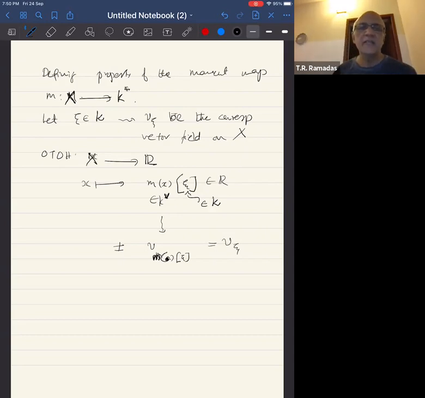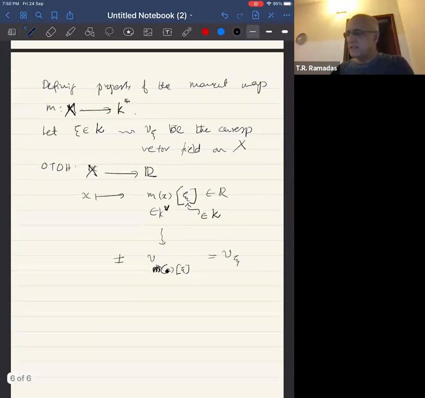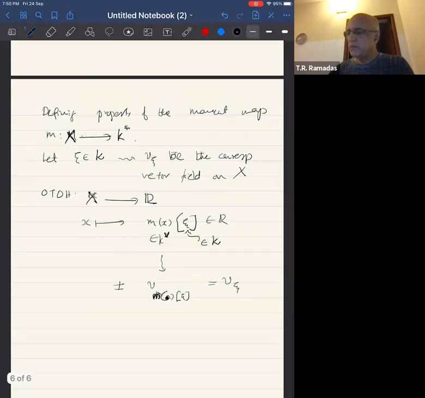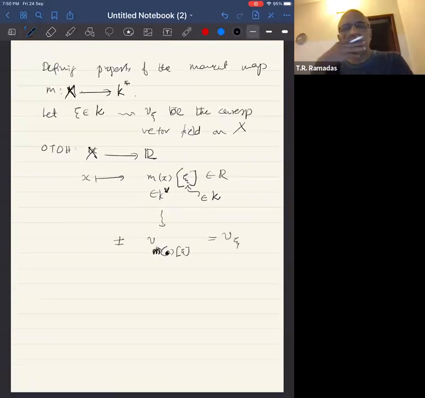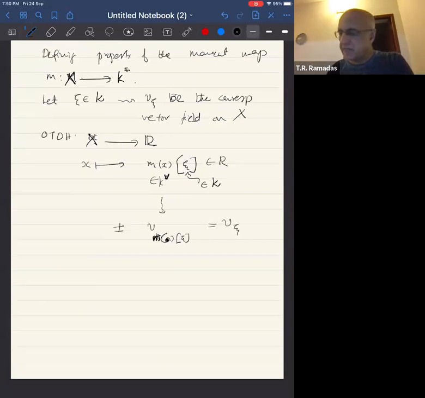Transform that vector by the linear transformation given by G, that gives you the result that you want. Okay, that is what equivariant means. So this is the ingredient.